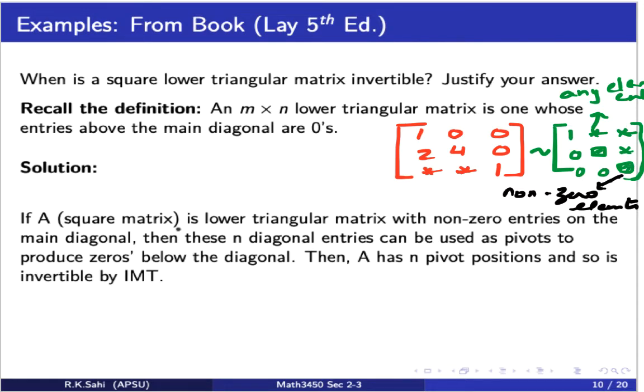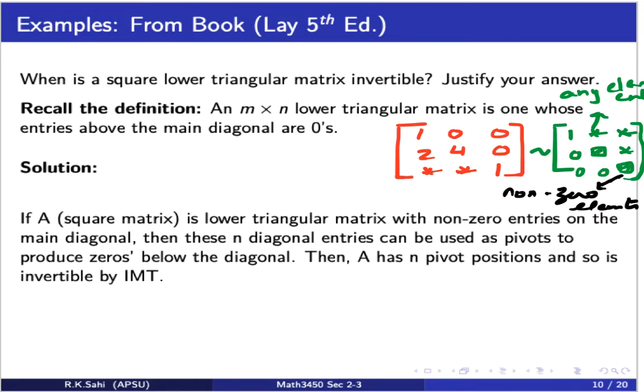That's what I've written over here as the solution. If I have a lower triangular matrix with non-zero entries, then these n diagonal entries can be used as pivots to produce zeros below the diagonal. As a result, we will have n pivot positions. So this matrix is invertible by the invertible matrix theorem.